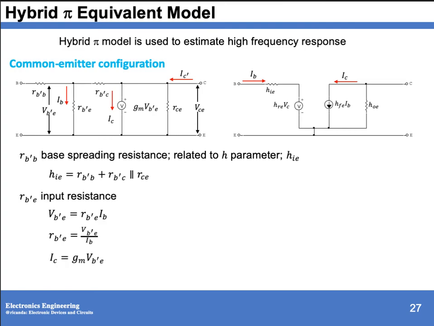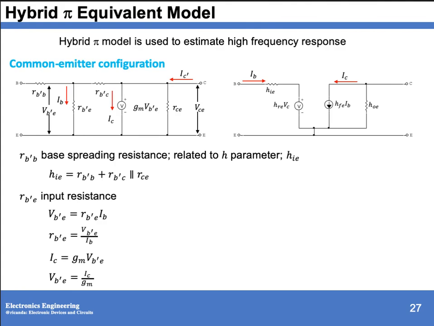And IB, we have to get the equation of IB through your IC. Remember IC, that is alpha IE if your input is your emitter current, or that is equivalent to beta IB if your input current is IB. So in your hybrid pi, your IC is equal to gm V_B'E.